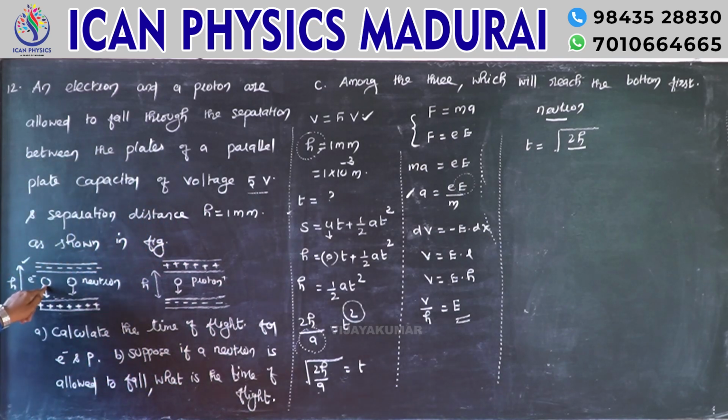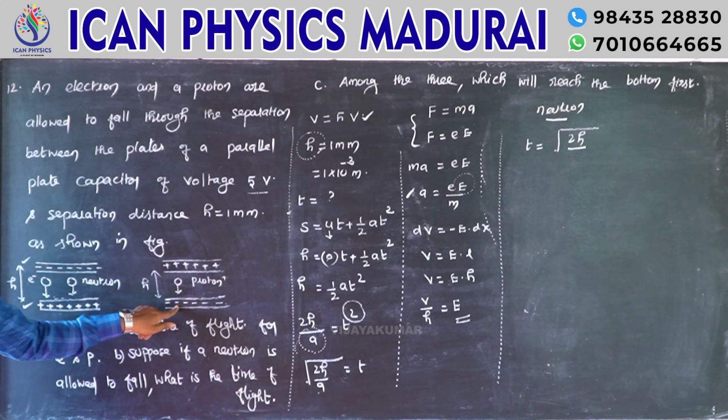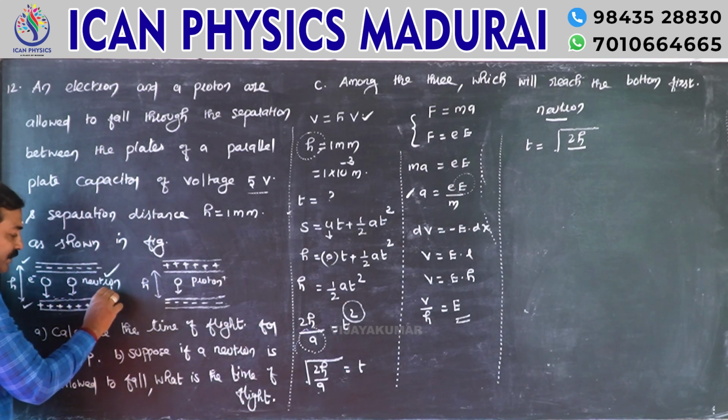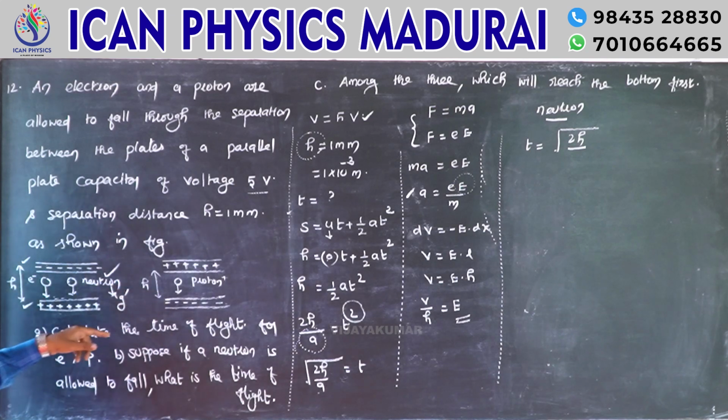For electron and proton, they have charges, so they are accelerated towards the positive charge and the negative charge. In the case of neutron, it is neutral, so it falls only due to gravity. So acceleration becomes acceleration due to gravity.